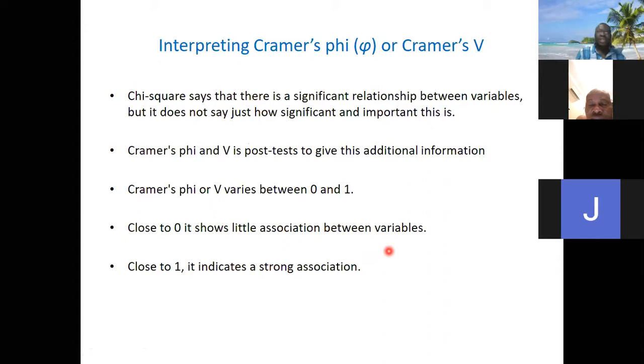Cramer's phi and V lie between 0 and 1, as I've said. 0 means no association between variables. If it is close to 0, it means there is little association. As it gets close to 1, it means that the association is strong.